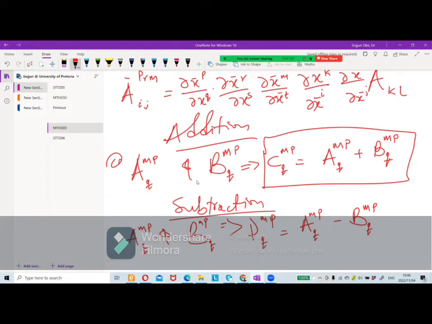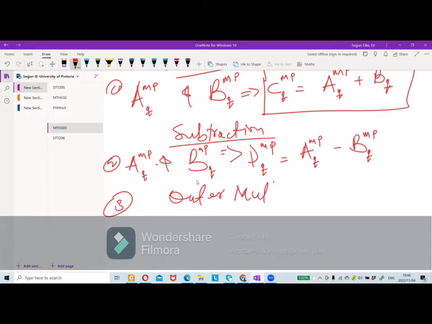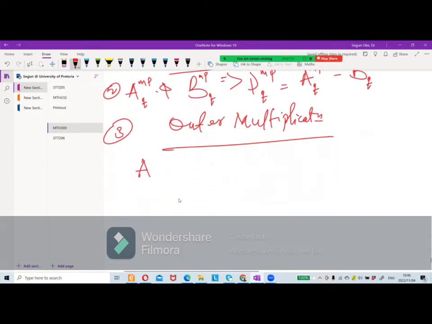For the multiplication too, outer multiplication, for the same example, you have A PRQ and B MS is equal to C PRM QS.